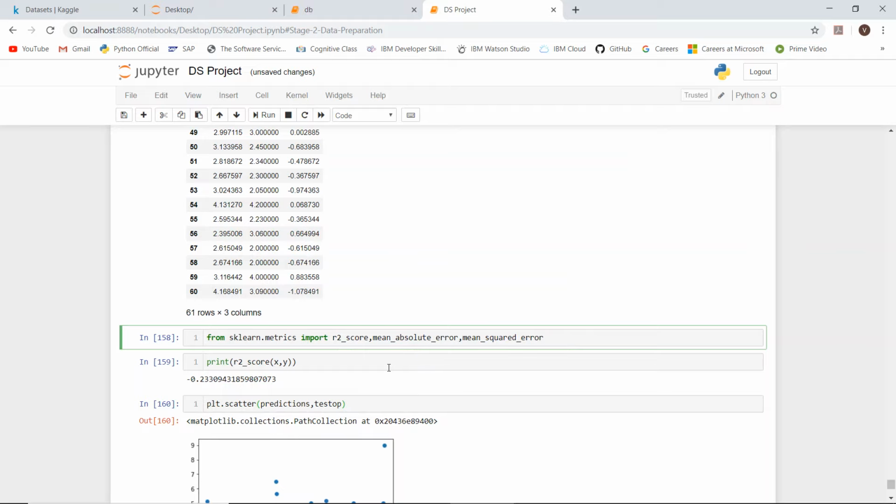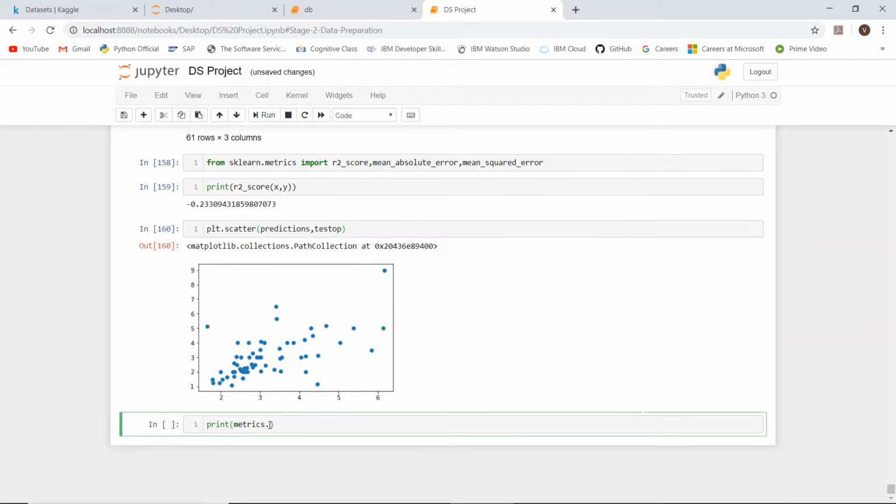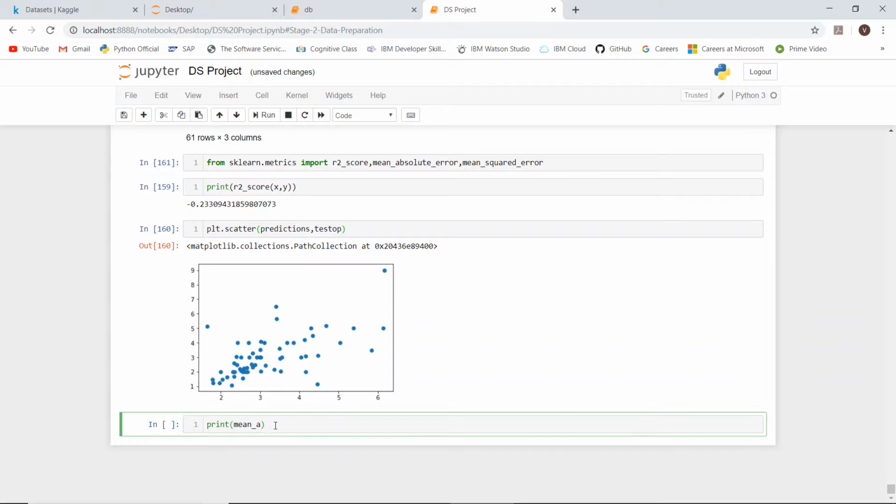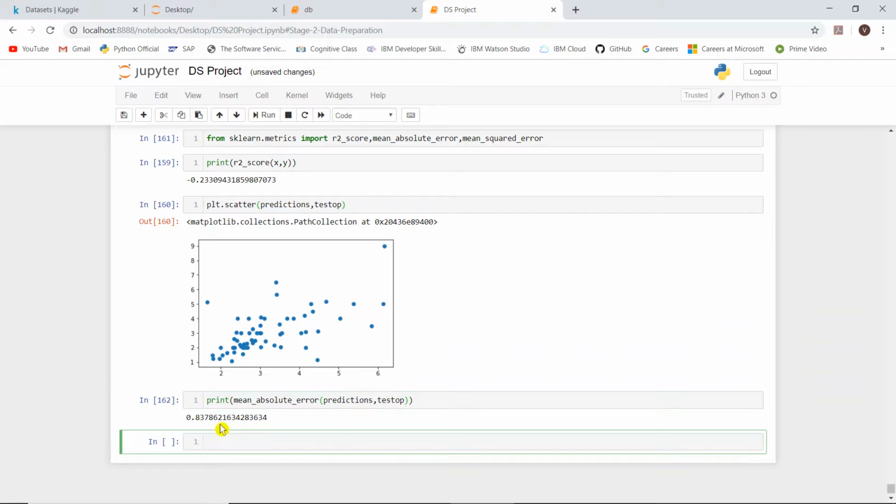Okay, both errors we need to import. So after importing, just mean absolute error, okay, we need to run it, mean absolute error of predictions, comma, test OP. So mean absolute error is this one.